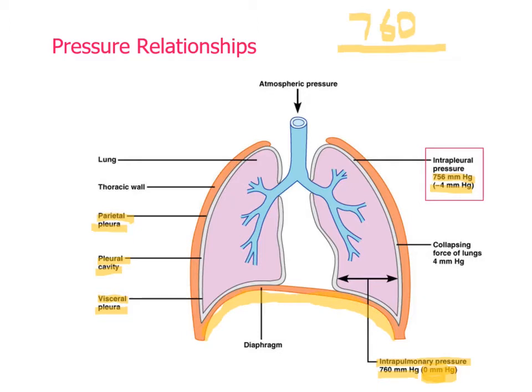And when it contracts, it has to descend and move to this new position shown here, because it's now shorter, so the only way it can actually contract is if it descends down. Plus, the external intercostal muscles, when they contract, will raise the rib cage.